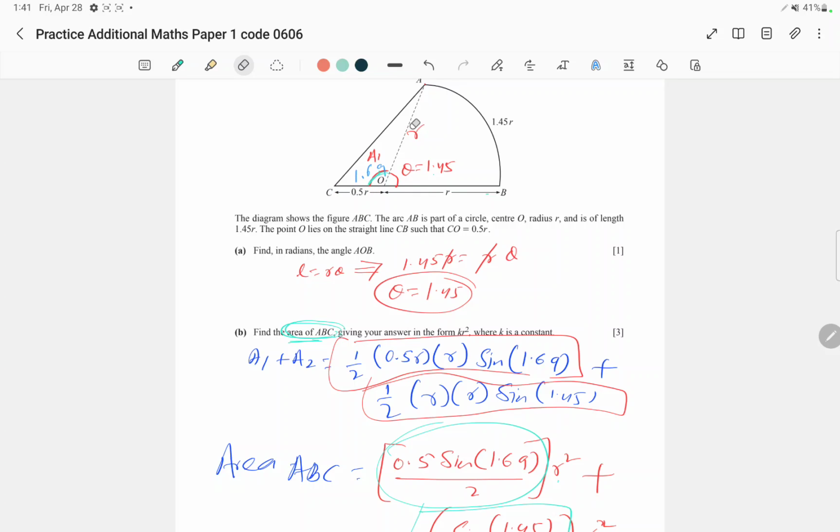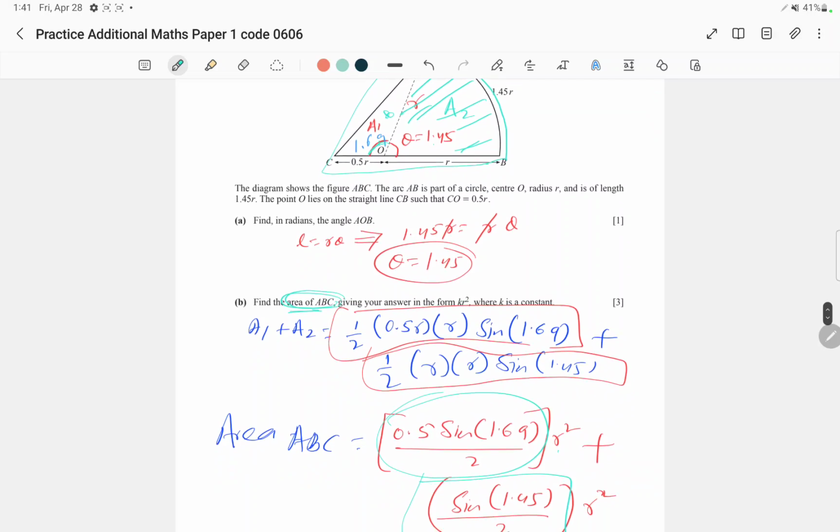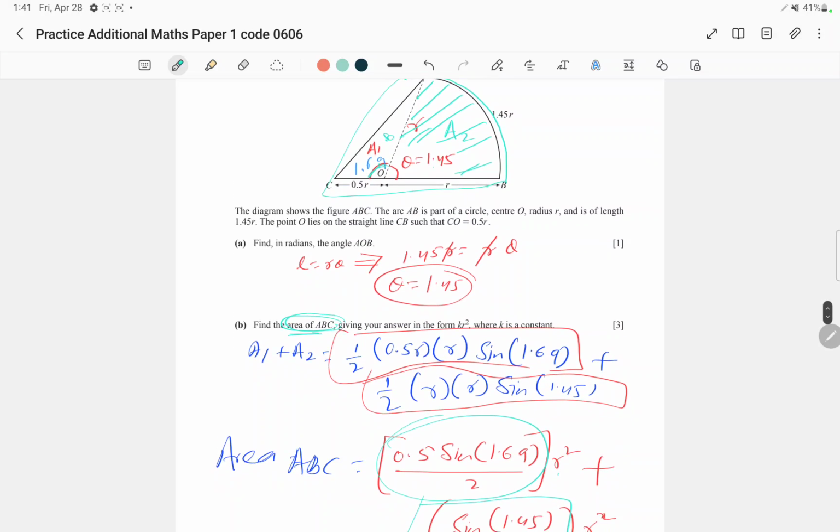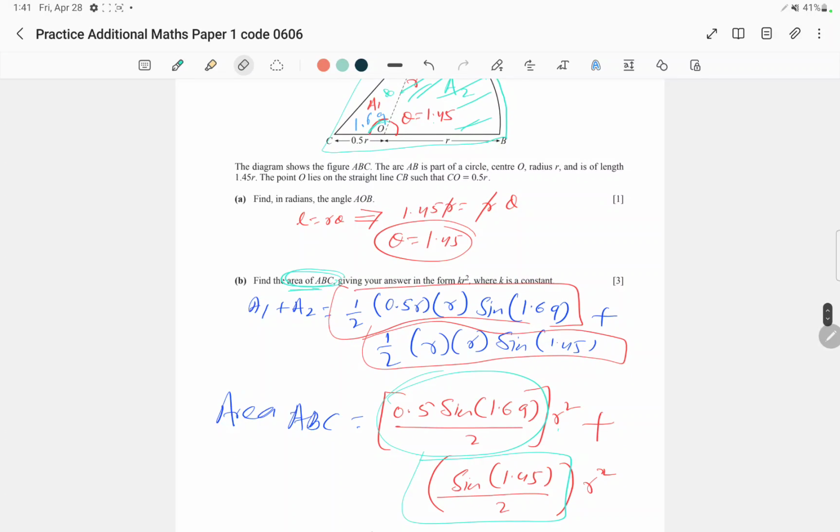Yes, now I understood. This is A1, this is still A2, but we have to find this whole area, A, B, C. So we have to find this area plus this area, right? So A1 is fine. A2 is different over here.